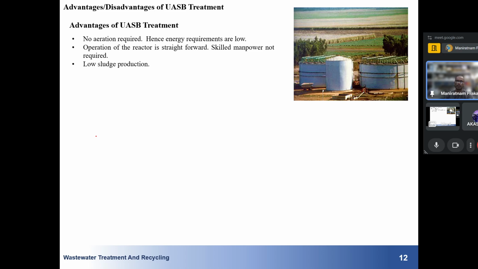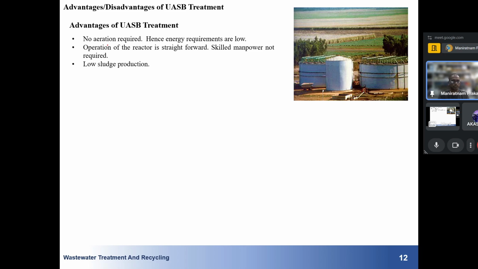Coming to the advantages, all the processes occur in the absence of oxygen, so there is no need to provide any aeration, and that's why the energy requirement is very low.